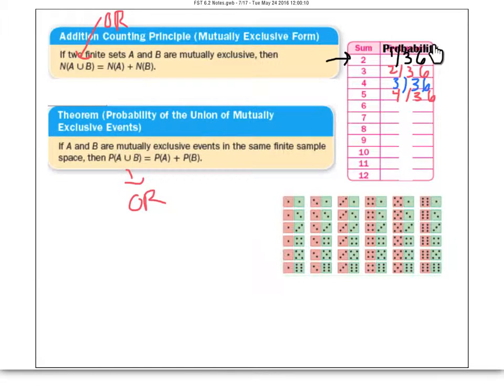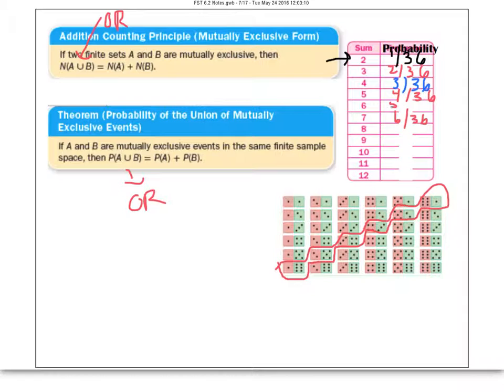The numbers are going to go 1, 2, 3, 4. It's going to hit a maximum point and then come back down. The one that is the most likely to happen is this diagonal right here. It's the sum of 7. The sum of 7 is going to happen up to 6 times, so that's 6 out of 36.